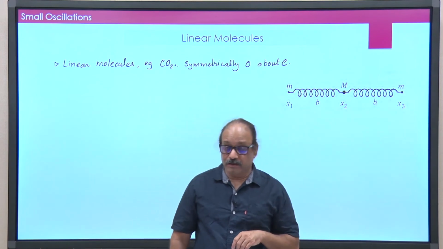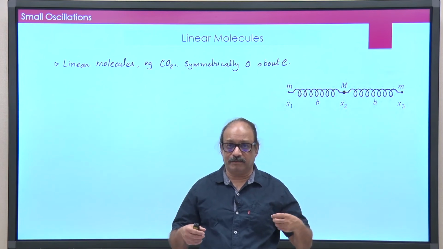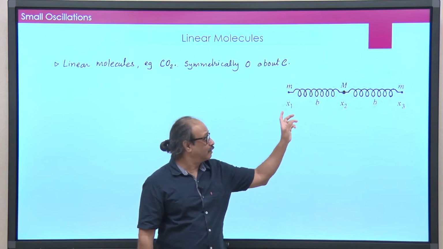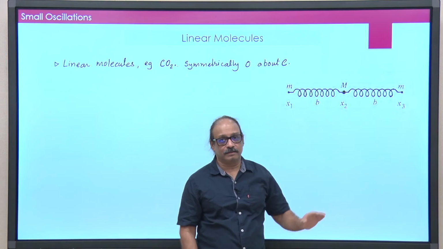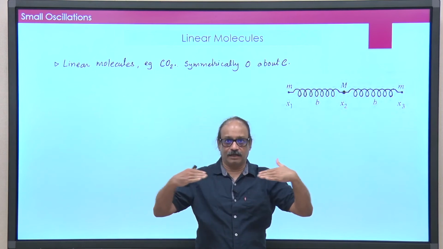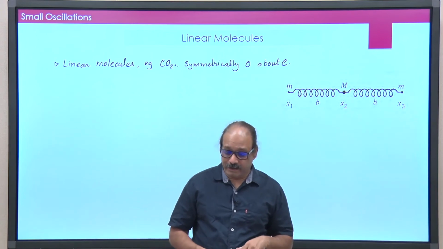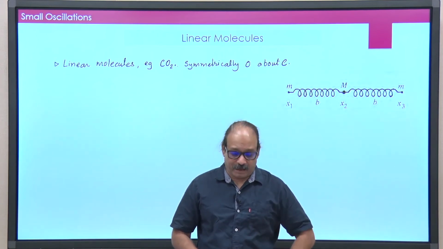Okay. Now, the vibrational modes, of course, here there could be other vibrational modes too. I am just going to consider linear longitudinal modes, where these particles can move only along the line of the molecule. Okay. Fine. And typically, how do you make this spring approximation?